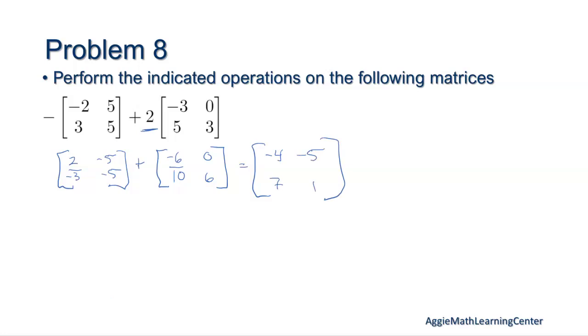Now, let's say we want to multiply these matrices. Okay, so how do I do that? Well, we're looking at this open spot right here at the top left of my final matrix. And so I'm looking at 2 and -6.